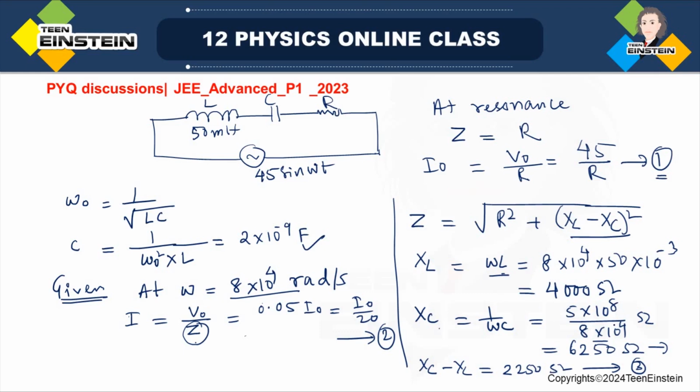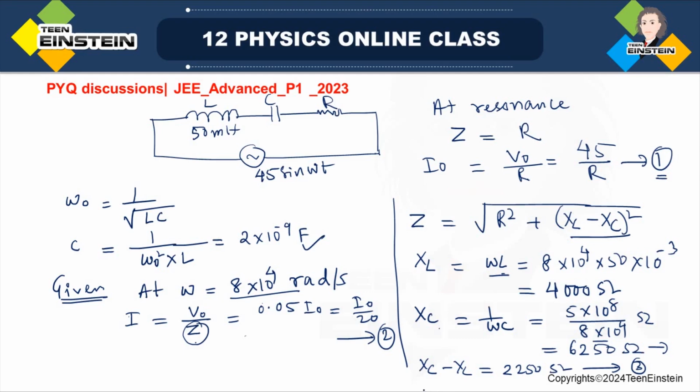Or we can directly write here 2 nanofarad also. It doesn't matter, it is a way of calculation. So you will be able to see that will be 6250 ohm.